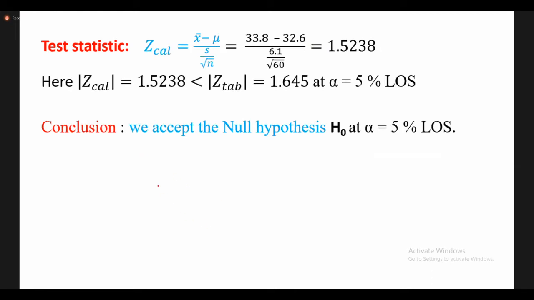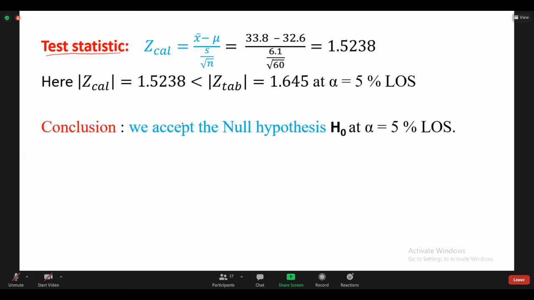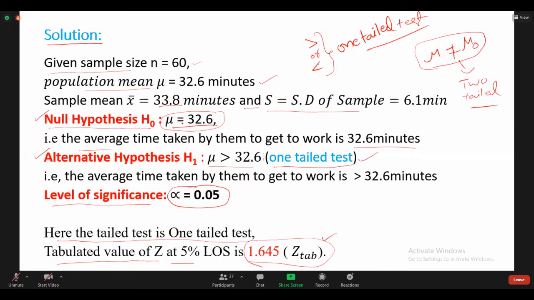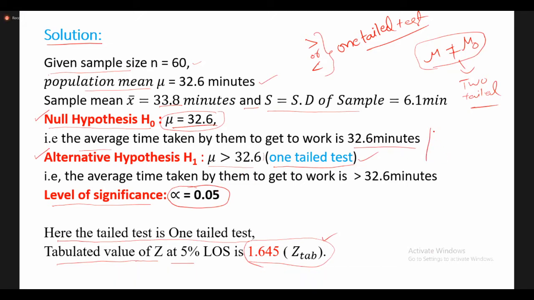The fourth step is the test statistic. One more thing, observe the given data. In the given data, population standard deviation is not given. If population standard deviation is not given, what is the test statistic for large sample single mean?